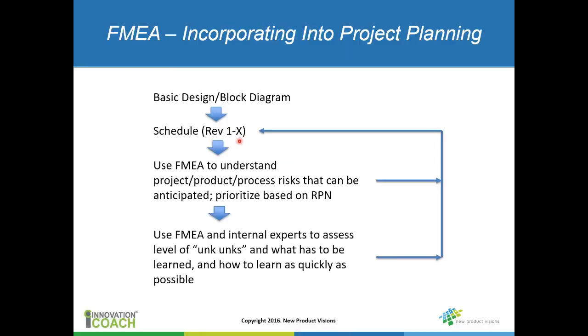But then you're going to start, within the team, using FMEA and these other risk lists in order to really understand where the risks are and start to pull those things apart and understand how you're going to manage the project. That all gets fed back into the schedule because that will lead to other types of tasks and things that have to be done.